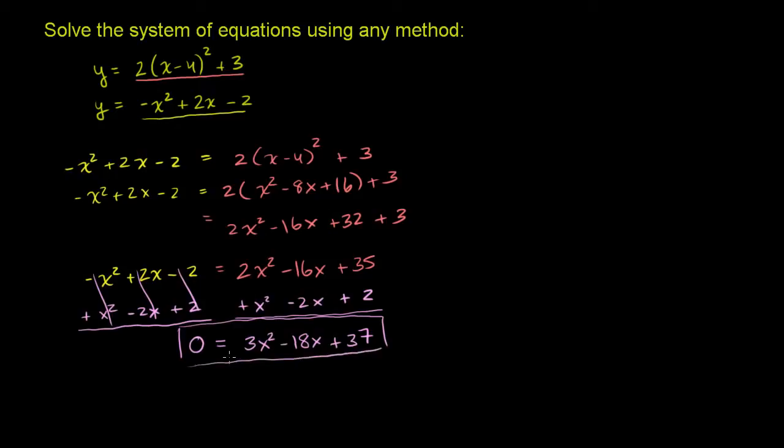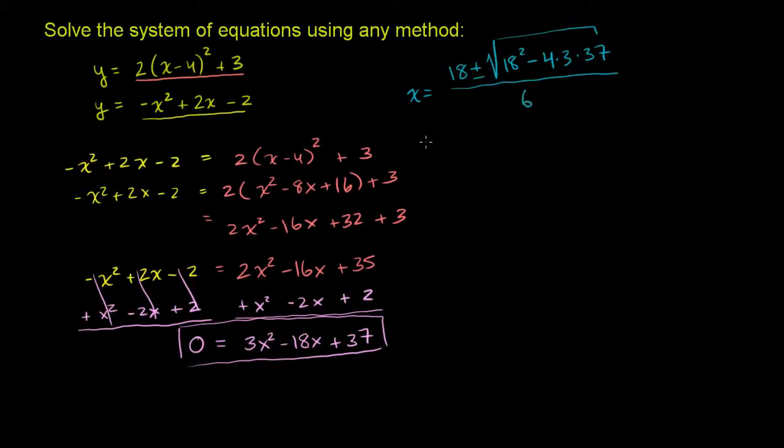And we might as well apply the quadratic formula here to try to solve it. So our solutions are going to be x is equal to negative b. Well, b is negative 18, so negative b is positive 18. So it's 18 plus or minus the square root of 18 squared minus 4 times 3 times c, 37, all of that over 2 times a, 2 times 3, which is 6.